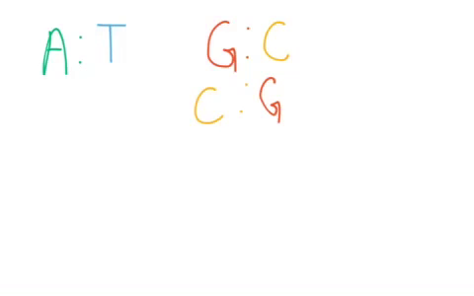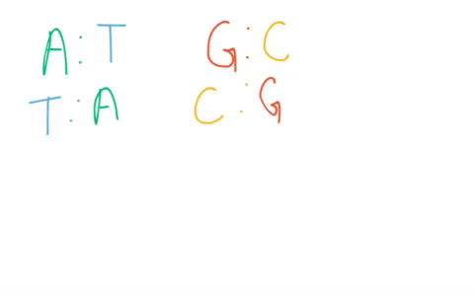A's will always bind with T's, and G's will always bind with C's, and vice versa. C with G, and T's with A's. Just like that.